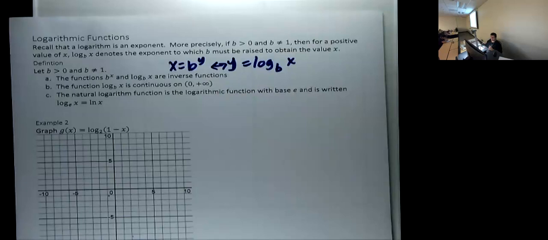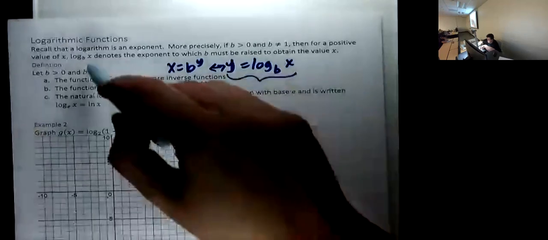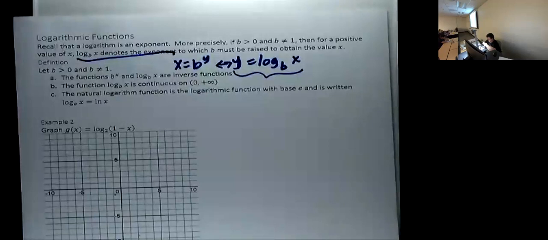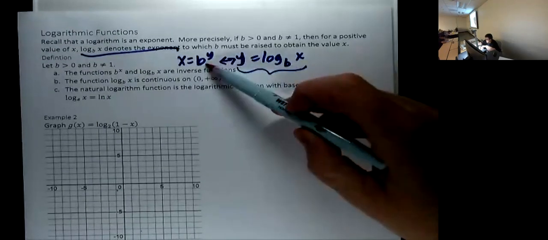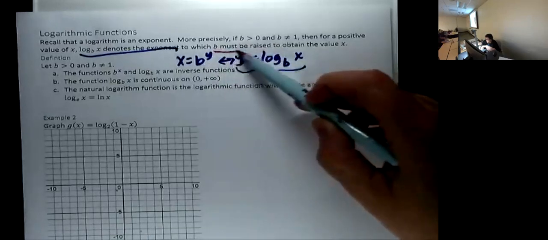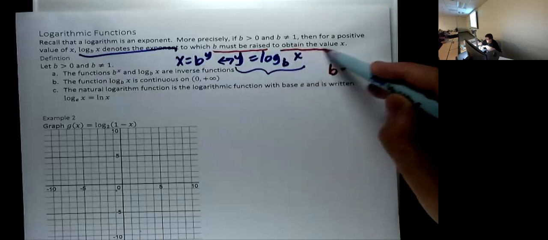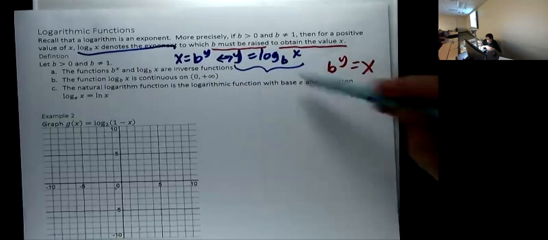It says then for any positive value of x, log base b of x, which we'll call y. This is that left part, log base b of x denotes the exponent to which b must be raised, so b to the y, to obtain the value x. So that's the long way of saying that.